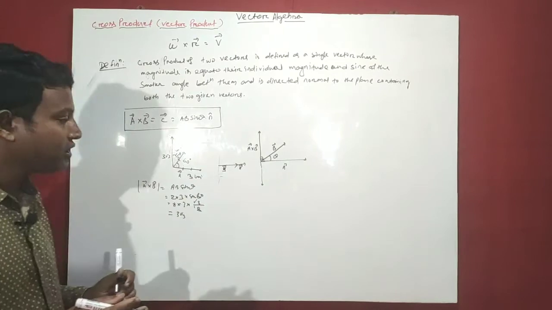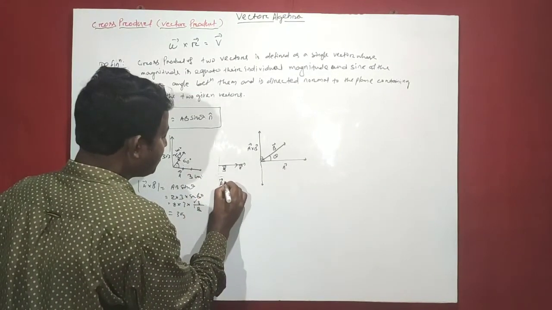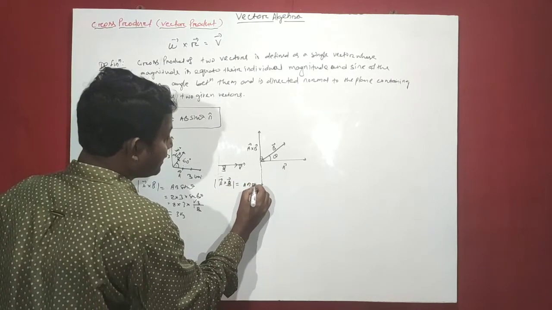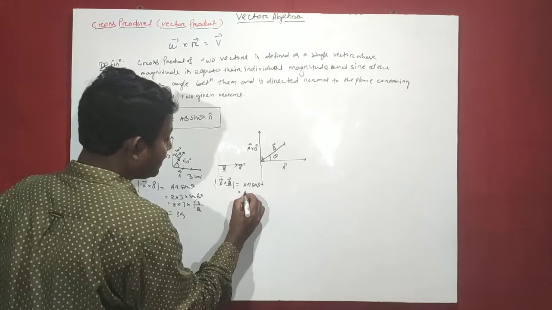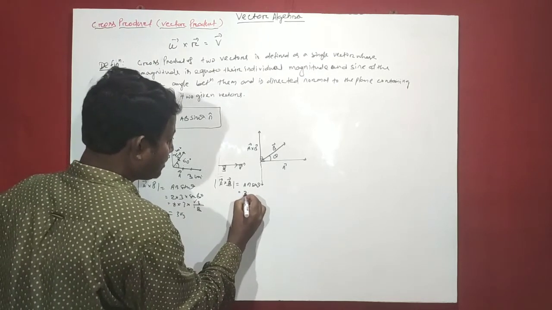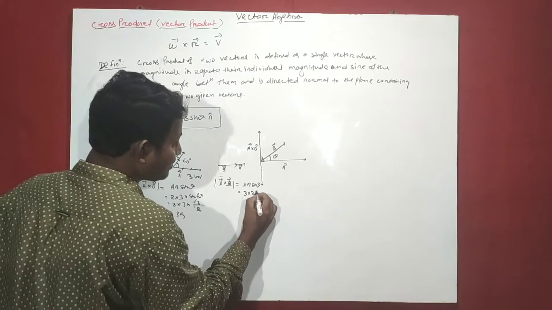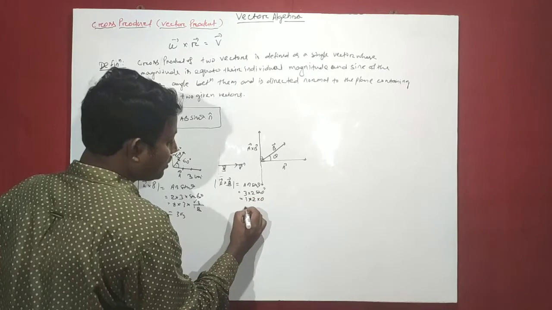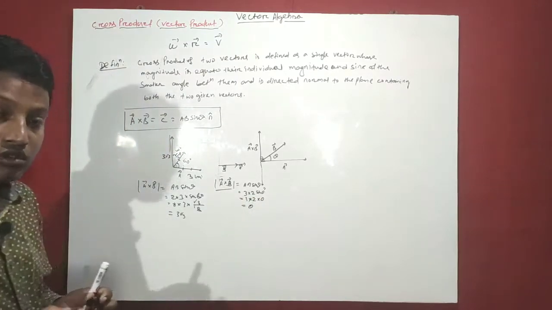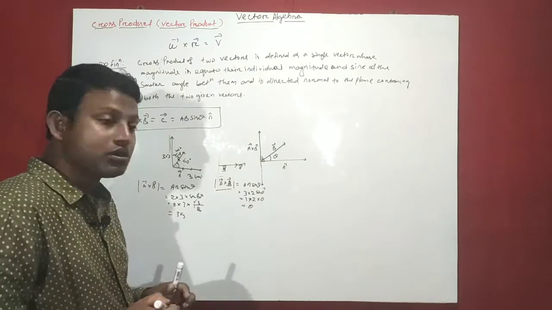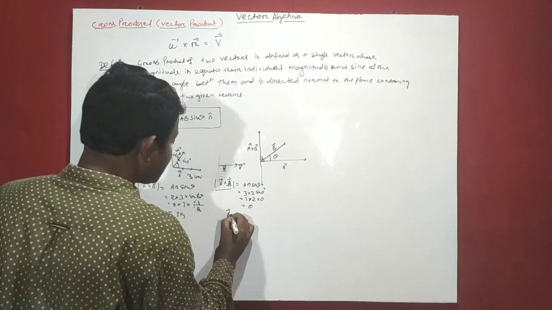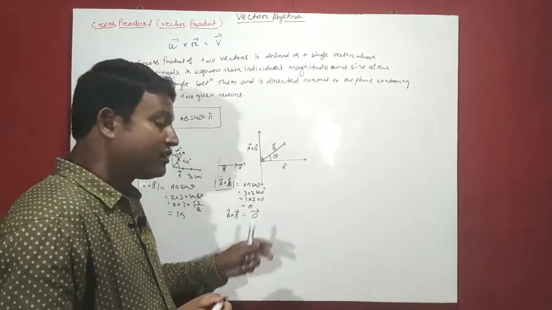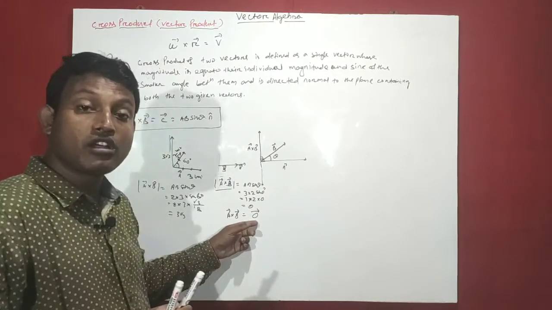When we find the cross product of these two, the magnitude of their cross product is equal to AB sin theta. A is 3 and B is 2, and sin theta is sin 0 degrees, so that is 3 into 2 into sin 0, which is 0. So its magnitude is 0, and A cross B is a null vector or zero vector.